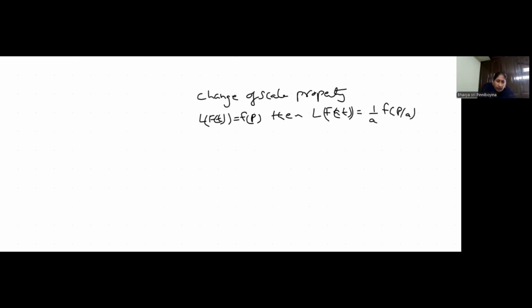Let us consider Laplace of f of at. The definition for Laplace of f of at is integral 0 to infinity e power minus pt into f of t. Here in the place of f of t, we have f of at. So substitute that one. We have to take a substitution.